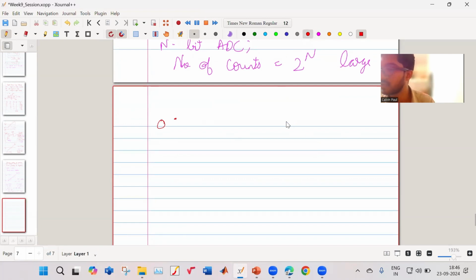suppose this is my 0 and this is my Vmax. This is my Vmax by 2 point.